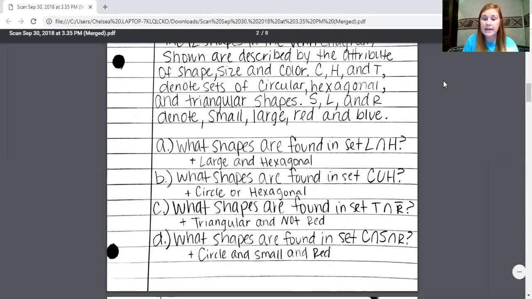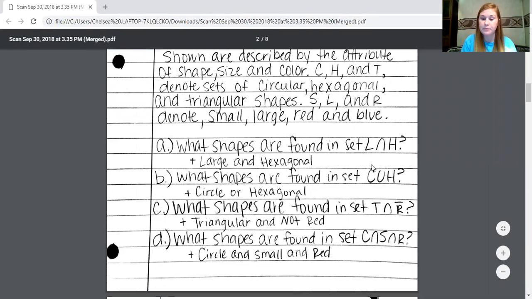So as stated in the above problem that we did, the upside down U stands for AND and the upwards U stands for OR. So the L is going to represent large and the H hexagonal. So we have large and hexagonal. And then the same with this one. C represents circles, H represents hexagonal, so it's circles or hexagons.